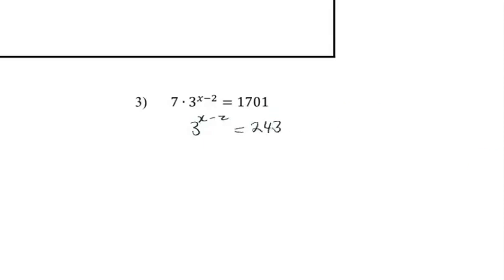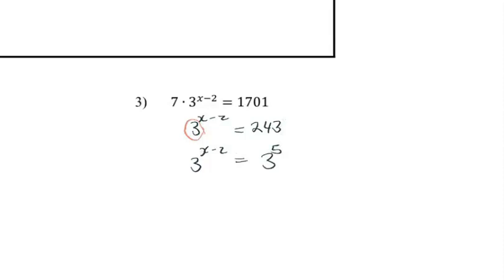You can check that. I want to write the 243 with the same base, I want the 3 on that side. So if I have 3 to the x minus 2 equal to 3 to the something, I will find that it will be the value of 5.